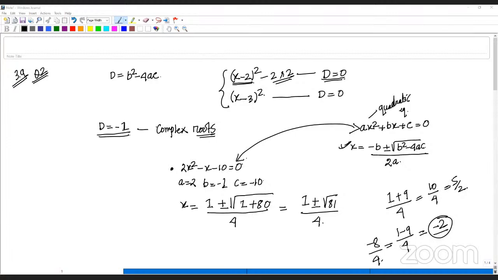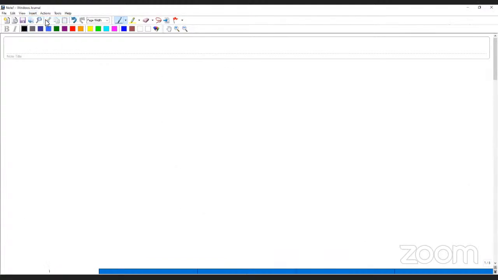Sir, one prescribed formula is there: x square minus sum of roots x plus product of roots is equal to 0. Is it so, sir? Am I right?